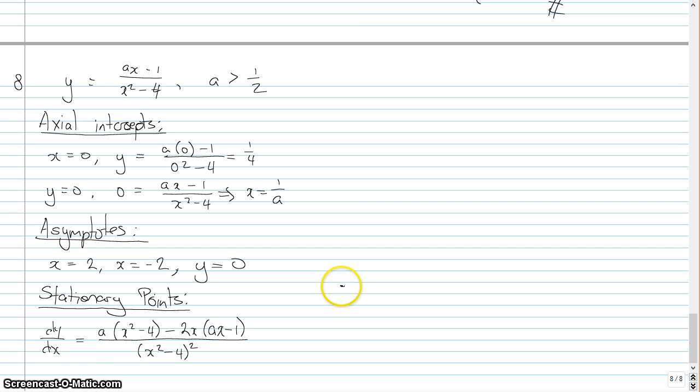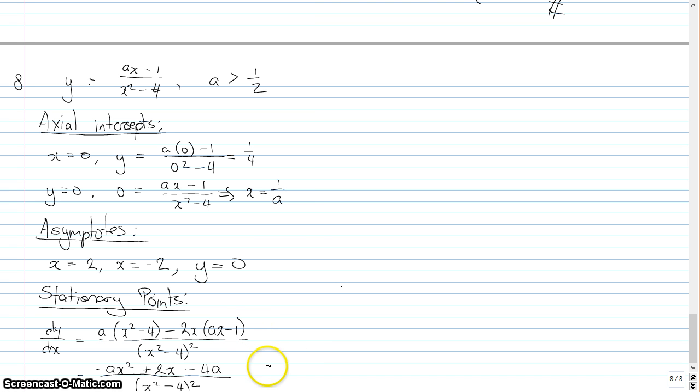That top line simplifies to minus ax squared plus 2x minus 4a, over (x squared minus 4) squared.